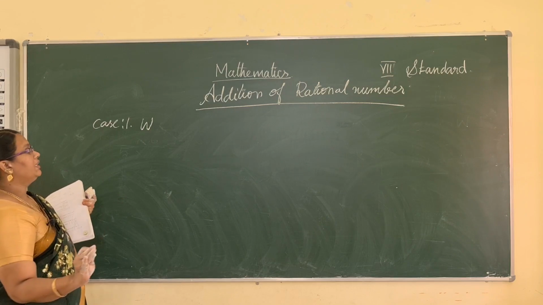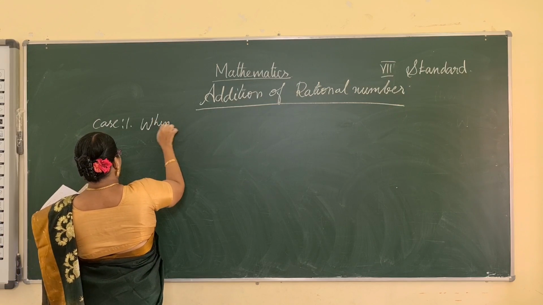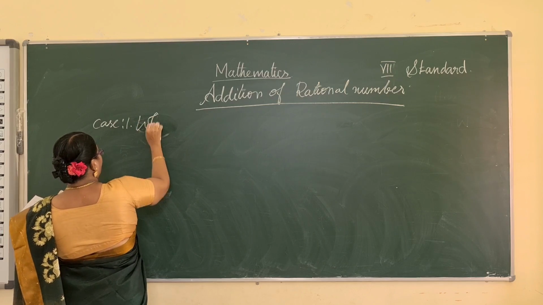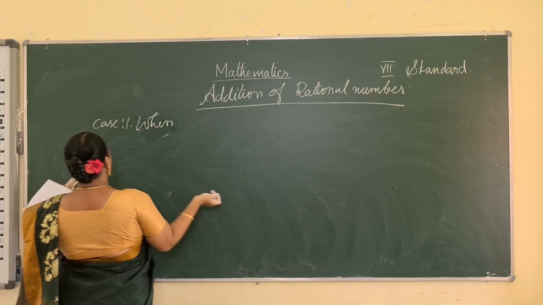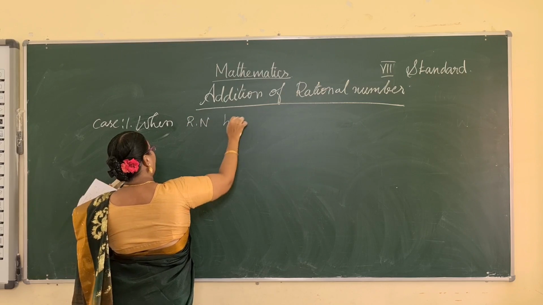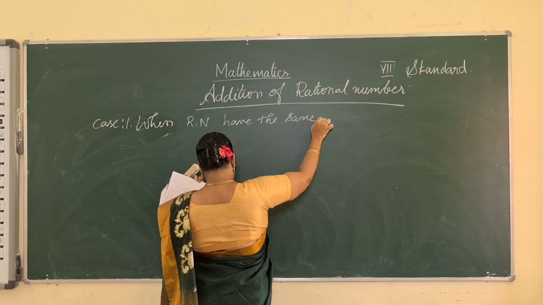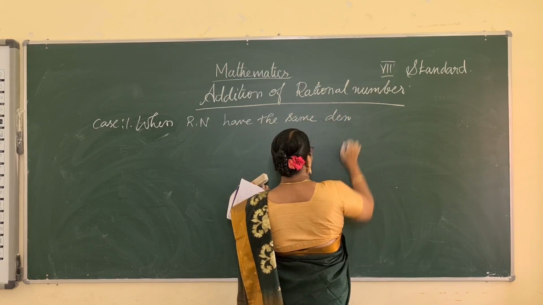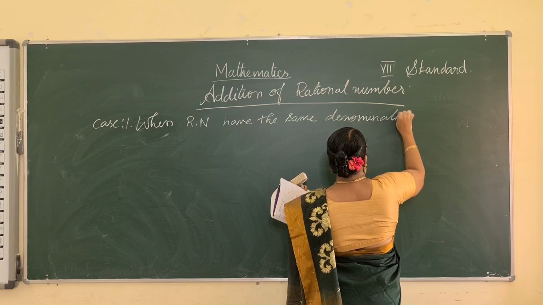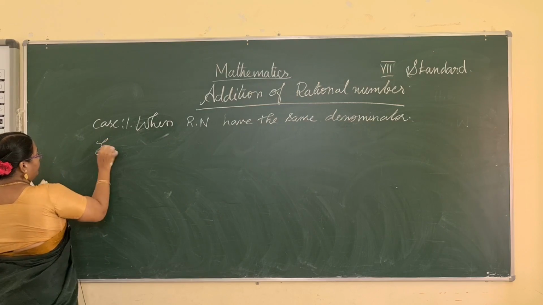The same method we apply. So case 1: when the rational numbers have the same denominator. Same denominator is given.